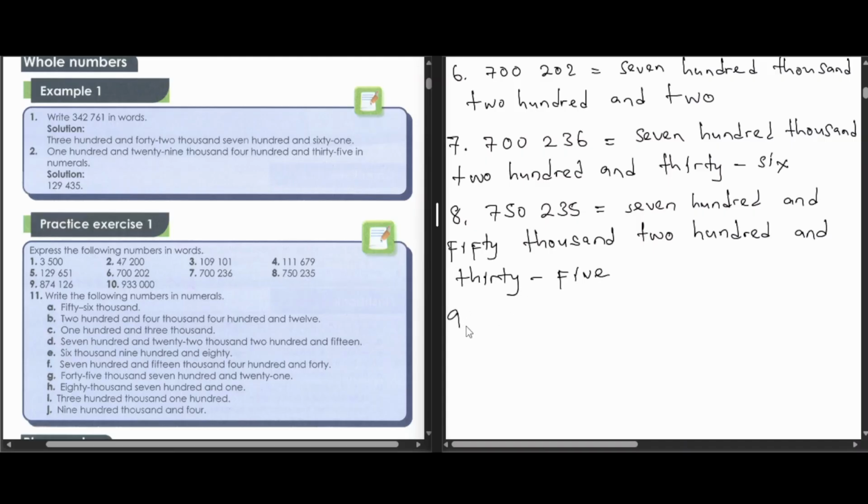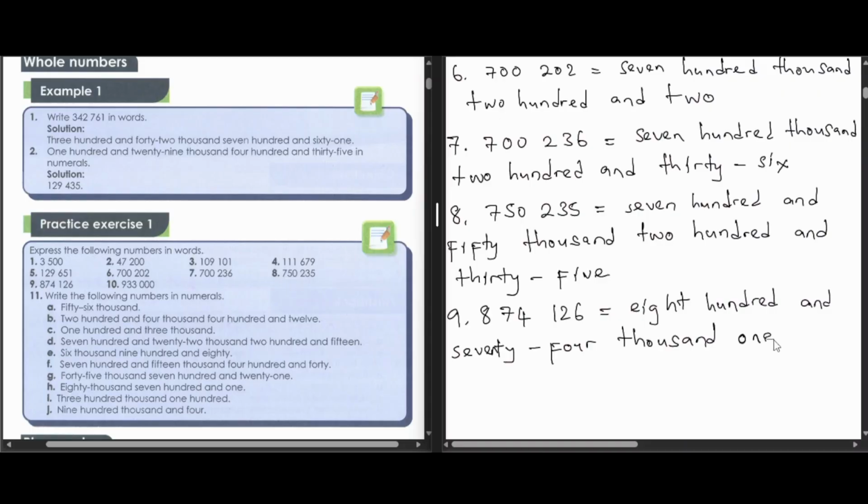Number 9, 874,126. 874,126 inenge irichi 870 todai 4,126.